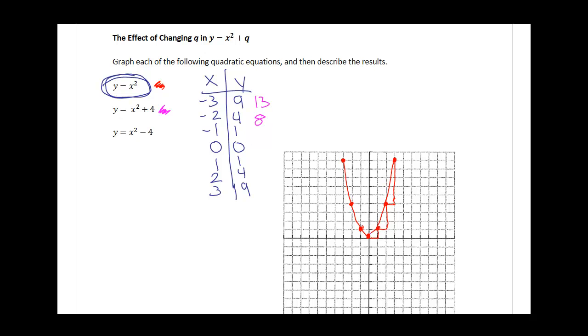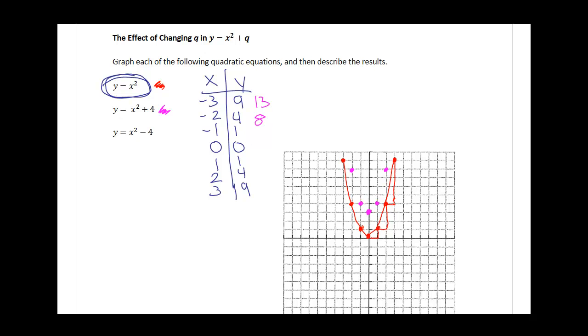So our vertex, instead of at 0, 0, will now be at 0, 4. Then each point after that will continue the pattern of over 1, up 1, over 1, up 3, except it's all increased by 4 in height.